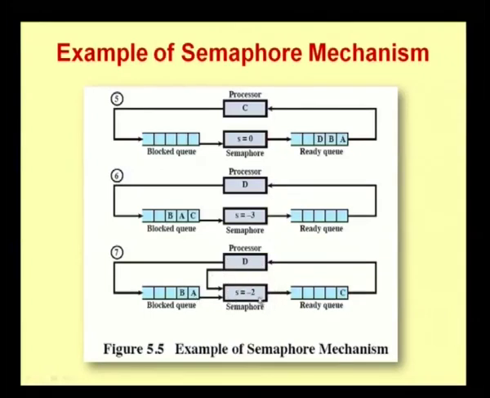So, minus 2 plus 1 becomes minus 1. Then A uses it and A comes to the ready queue. Then again D has to produce an output, then that output will be used by B. So, minus 1 plus 1 becomes 0. So, now all these processes get completed. So, this is an example for a strong semaphore.